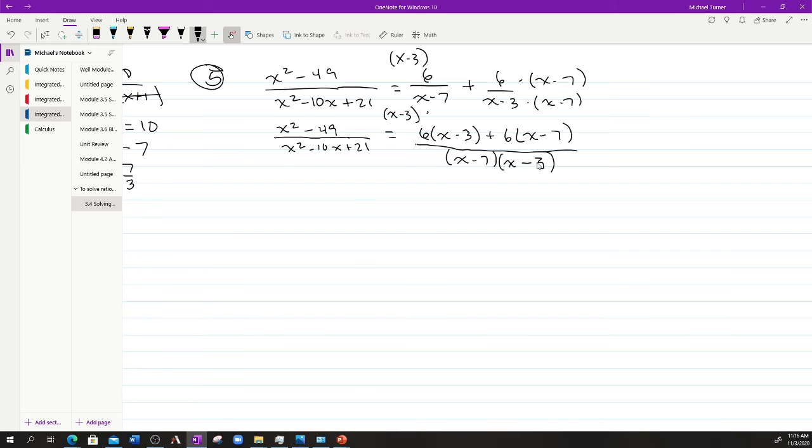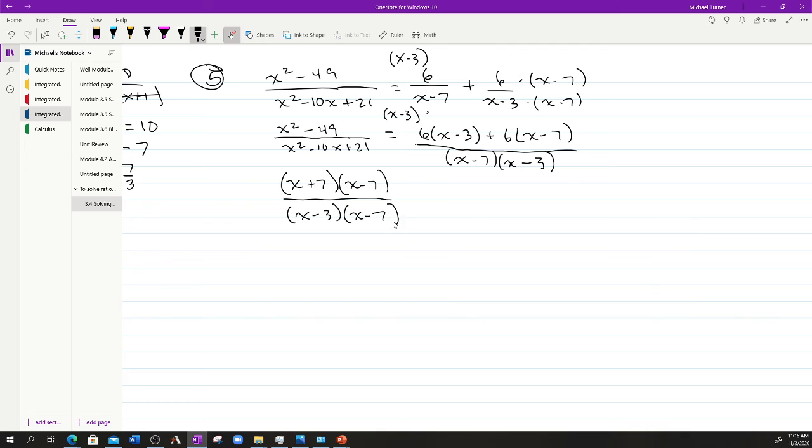Now, sometimes we're going to end up with a situation like this where, again, you could multiply just as is if you want, but if you do that, you're going to have x squared times x. You're going to end up with a fourth degree polynomial. So typically, if it looks like this, there's something that we can do to either simplify or combine like terms. So what we've been doing in class is saying to factor, if possible, and then see if there's anything that you can cancel out.